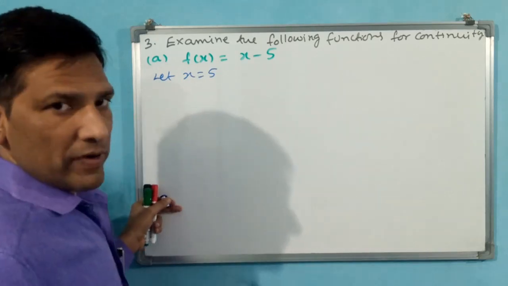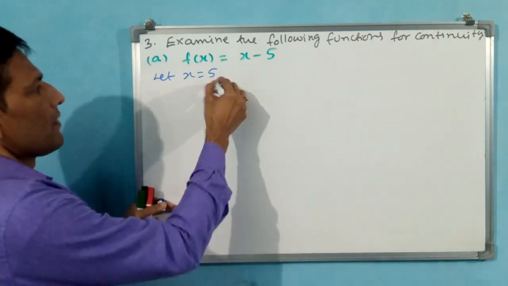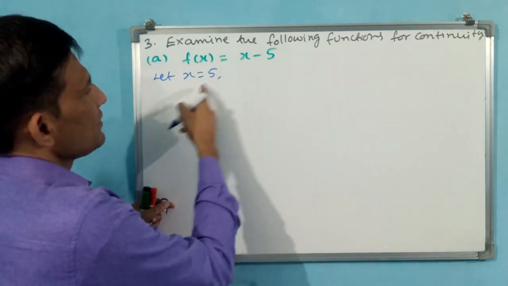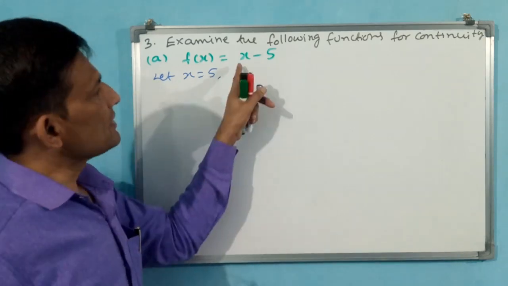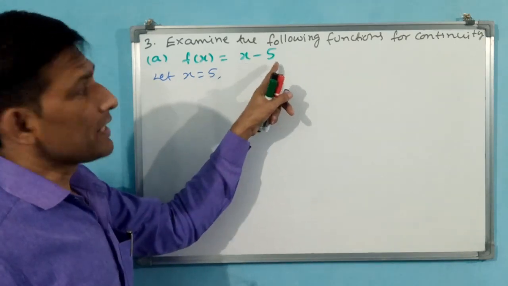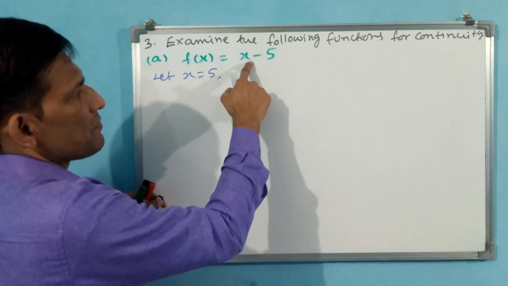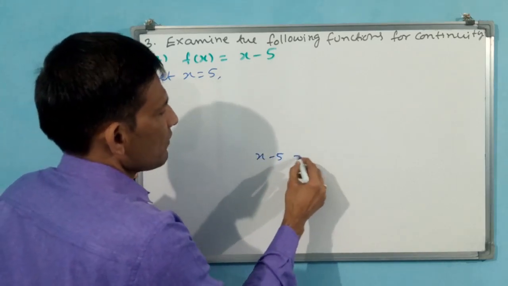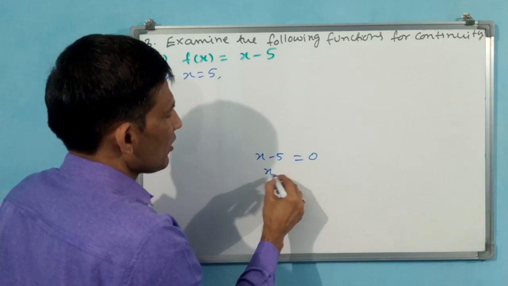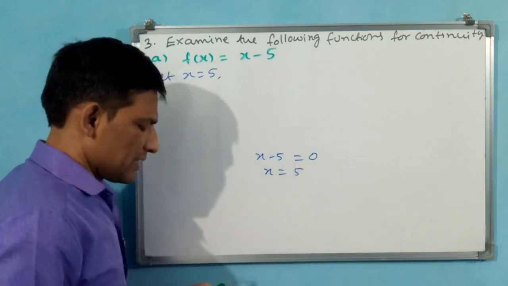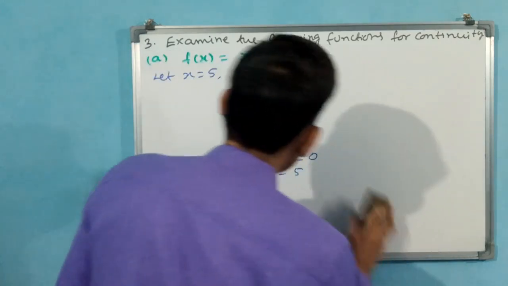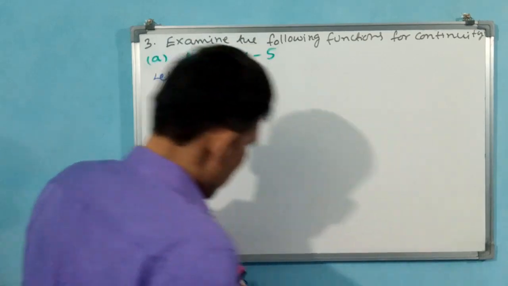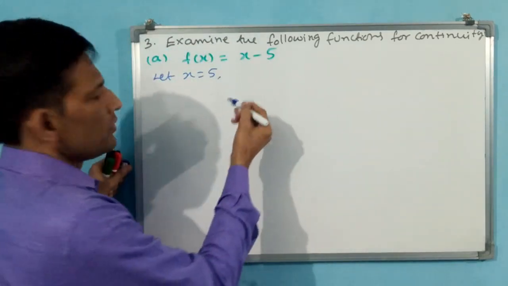Let x is equal to 5. I have taken 5 because by seeing this, here 5 is there. If you equate x minus 5 to 0, automatically x is equal to 5 is going to become. That is why I am taking 5 as the input or domain.